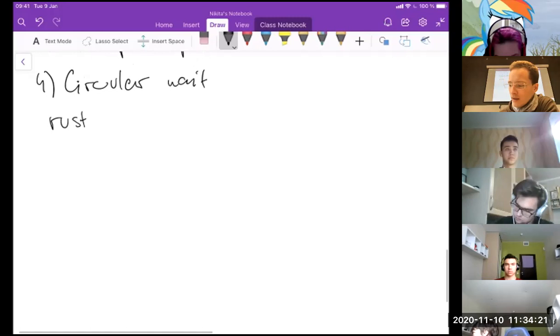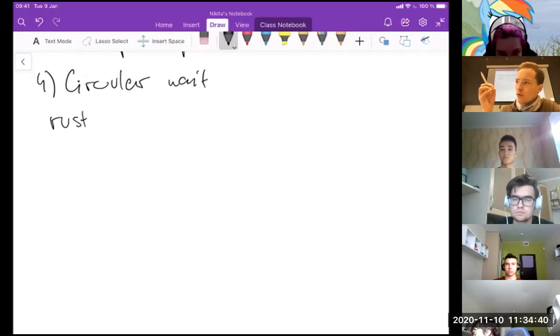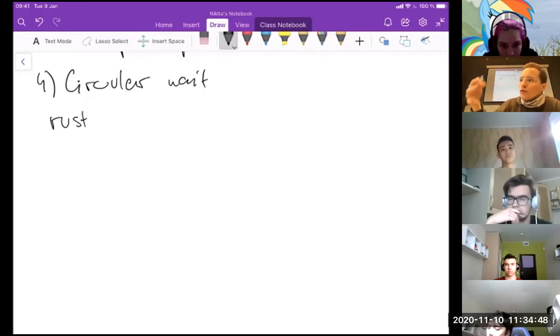Okay, can we say that, for example, we can try to think like this. We always have the tool that we detect, right? Not always, but if we introduce the tool, like the dependency graph, at any point when the process wants to acquire a resource, we can check whether there will be a loop in this graph. So we always need to know how to detect a circular wait.